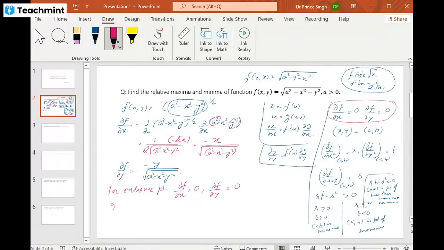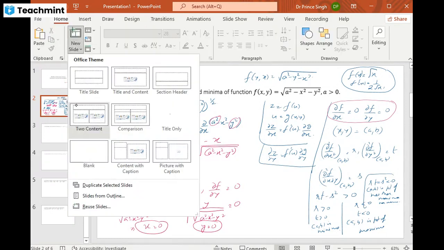So if we put it equal to 0, it means −x upon the square root of a² − x² − y² equals 0, and here −y upon the square root of a² − x² − y² equals 0. Okay, so from this particular part, we'll get x = 0 and y = 0. In this case, we get only one point, x = 0 and y = 0.